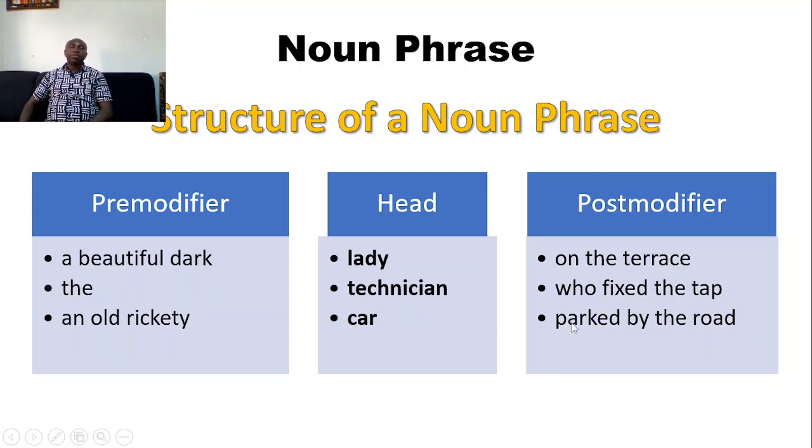By the road points out the post-modifier of the location of the car. You can see in this phrase that we have premodifier, head, and post-modifier, and all these elements are combined to form a phrase. In the noun phrase here, premodifier shows some attributes of the head word, while post-modifier also contributes some attributes to the completion of the meaning of the phrase.